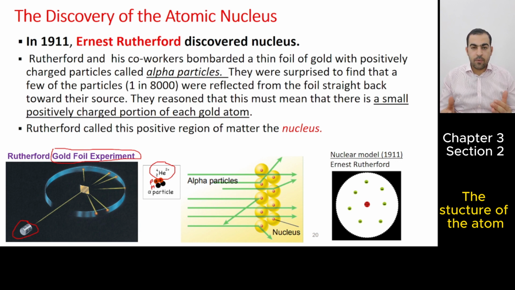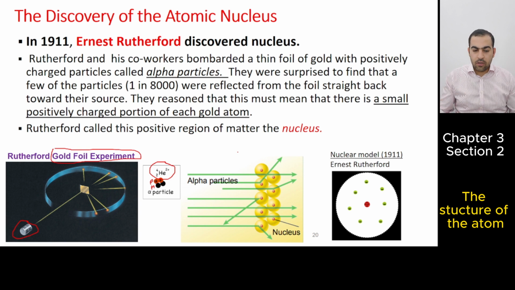Because positive charges repel each other. A few of them, 1 in 8,000, reflected back. He said there must be a very small portion inside of the gold atoms. That's why they reflect the alpha particles.